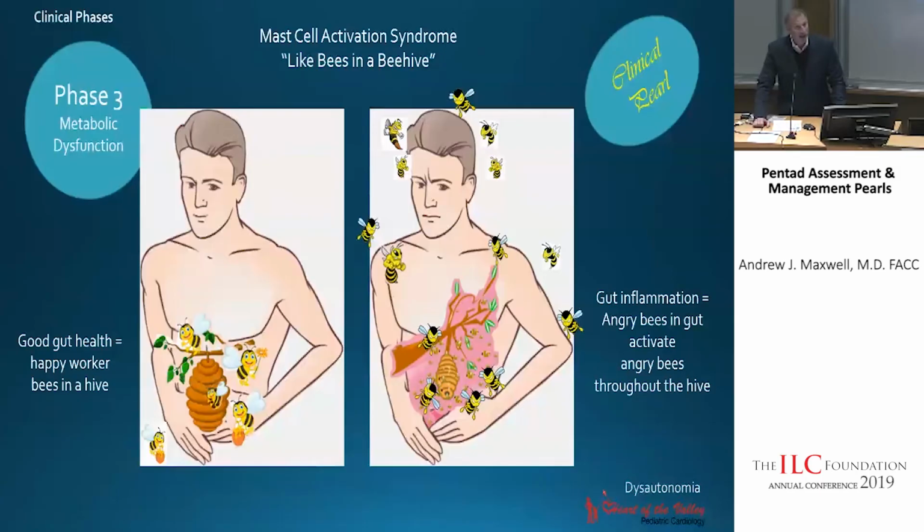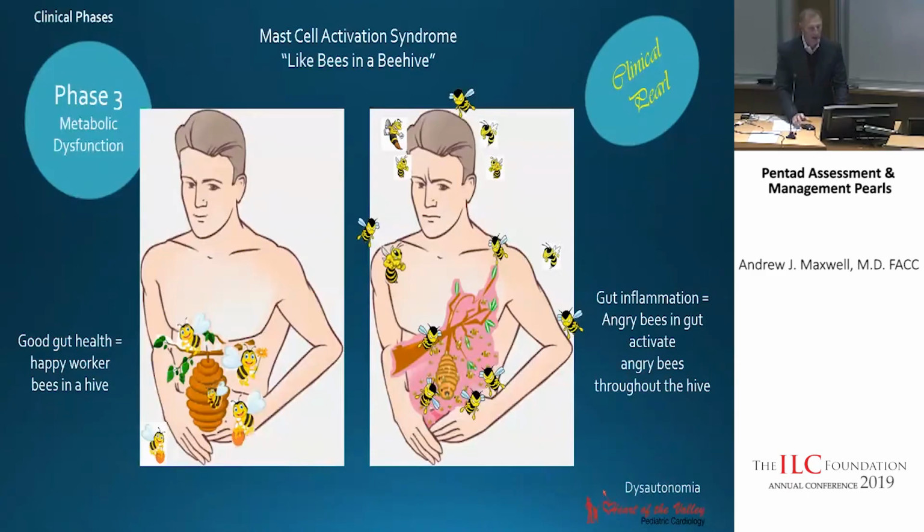Whether it's the GI tract or the skin or the nasal mucosa, wherever that entrance is for a person with mast cell activation, you aggravate those mast cells, and the components that are released from the mast cells in that area act like pheromones, the way bees would release pheromones, aggravating bees in the entire hive.